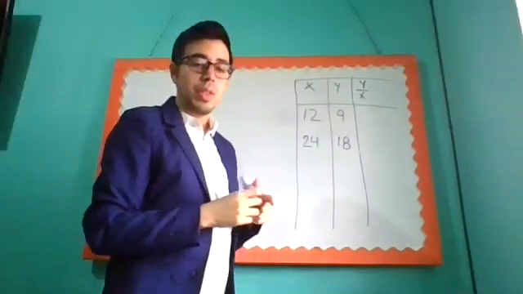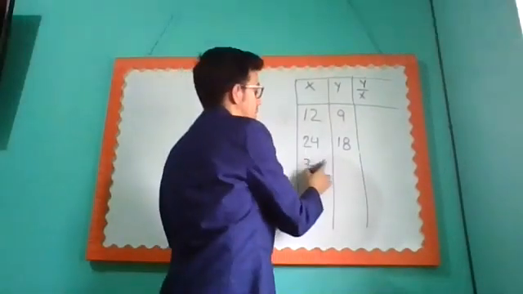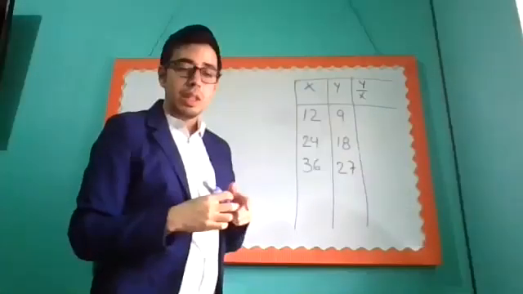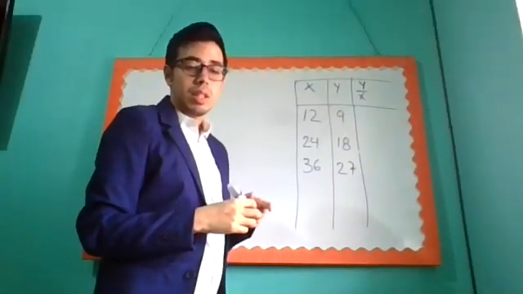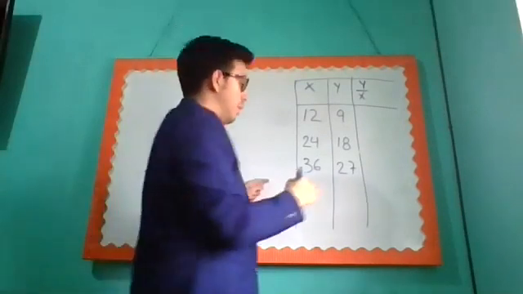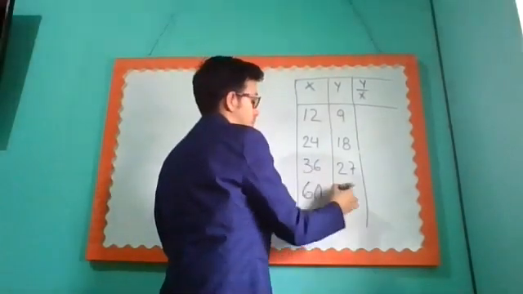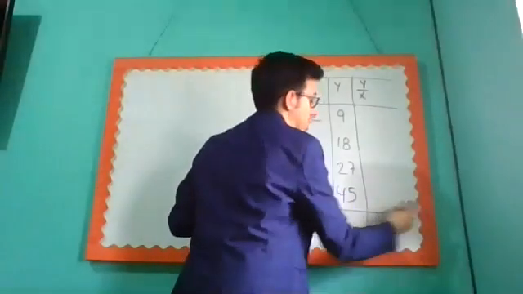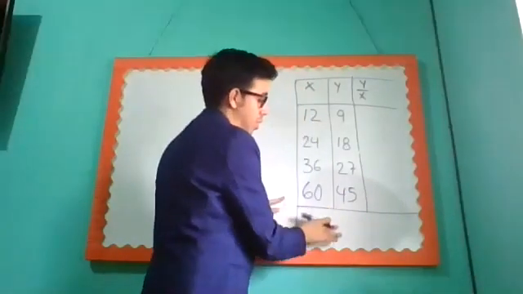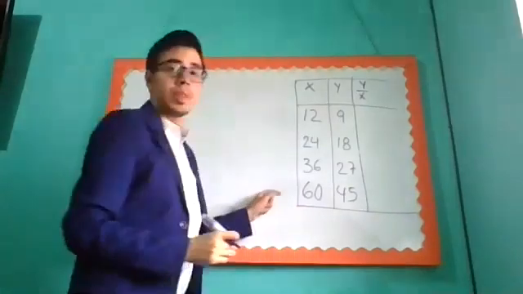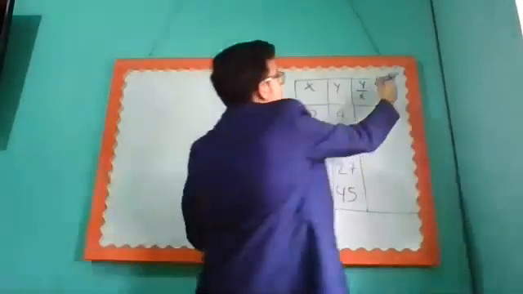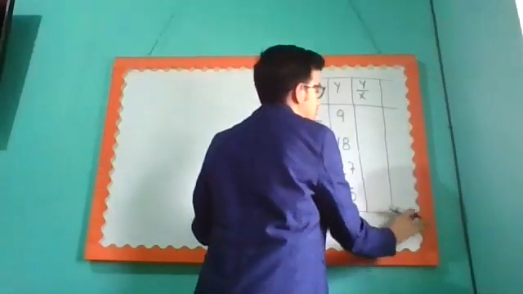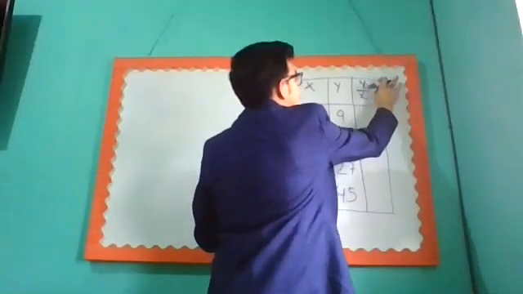The next are 36 and 27. And the last ones are 60 and 45. I'm going to finish the chart here because I don't need this part, and I can draw here to complete the table.